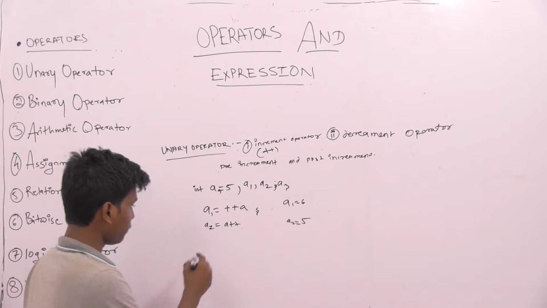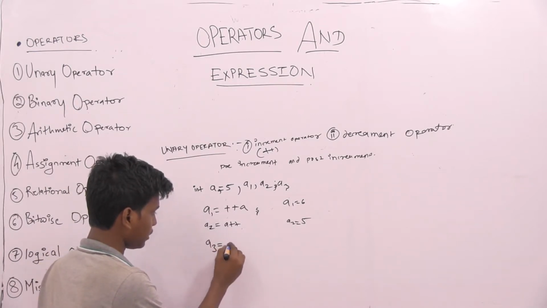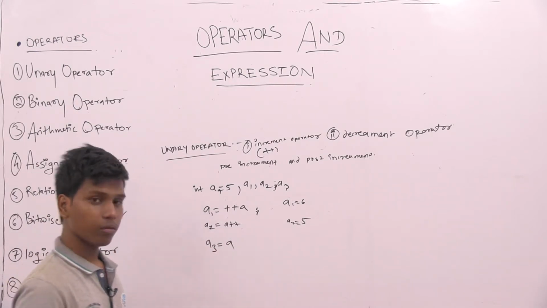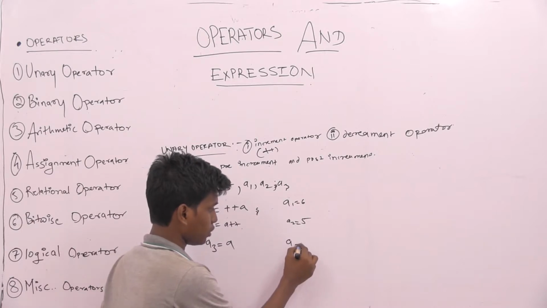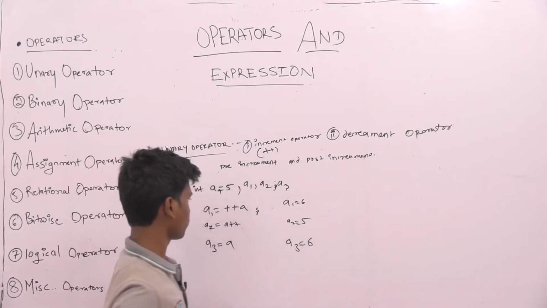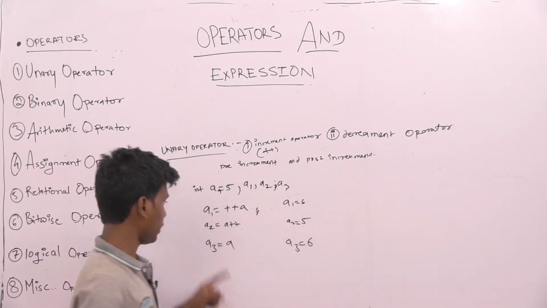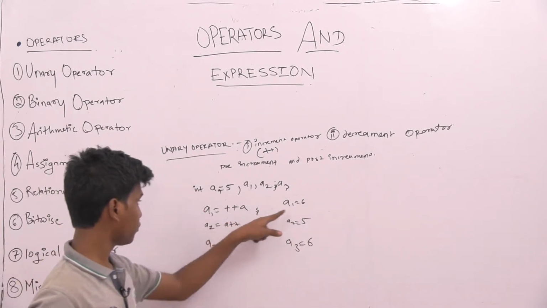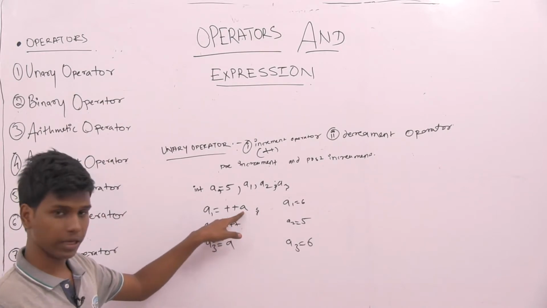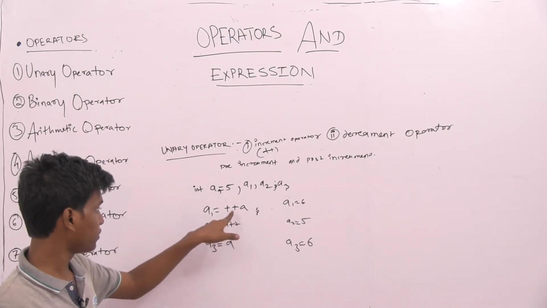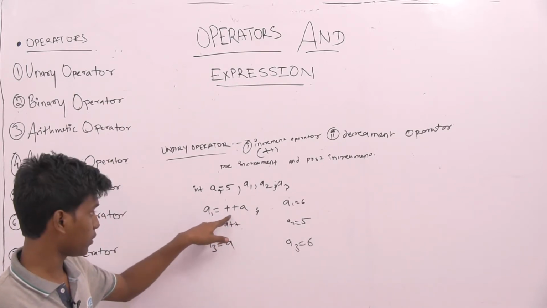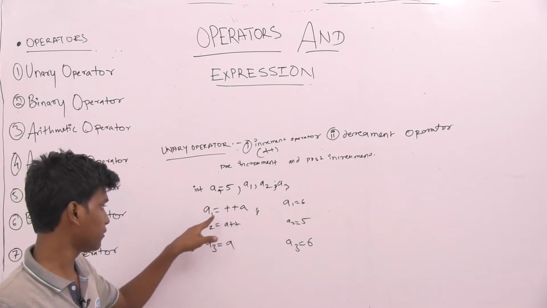Now if we print, a3 is equal to a, then the a3 value is equal to 6. Sorry, the a2 value becomes 6, as the value of a becomes 6 because the pre-increment operator is used in a1.